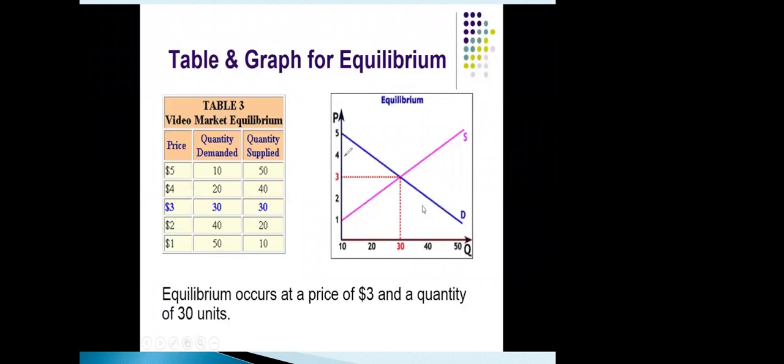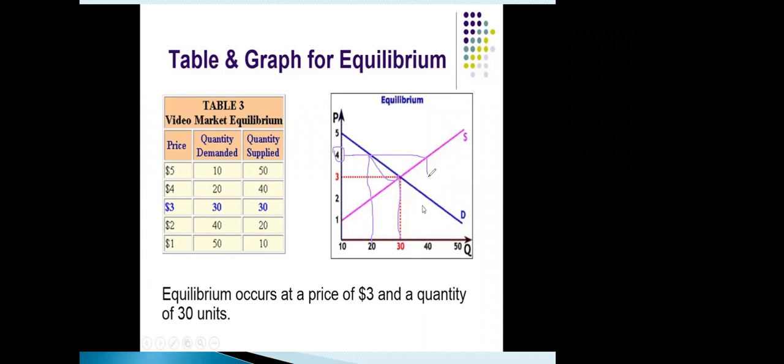Okay, at ₹4, just try to understand what is the demand of the market. 20. So if I want to increase demand, what do I have to do? I have to decrease the price up to level 3, where you will get this much demand. At ₹4, your supply price is higher, that's why your supply is also higher.